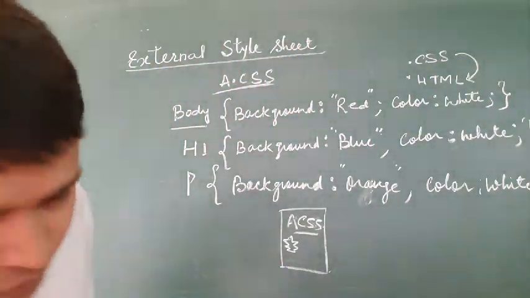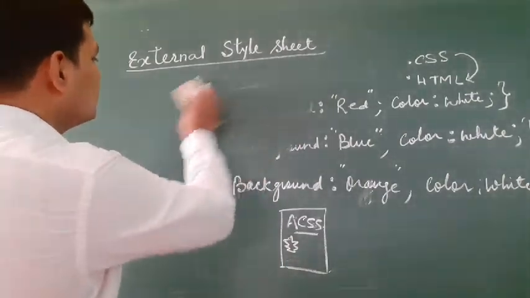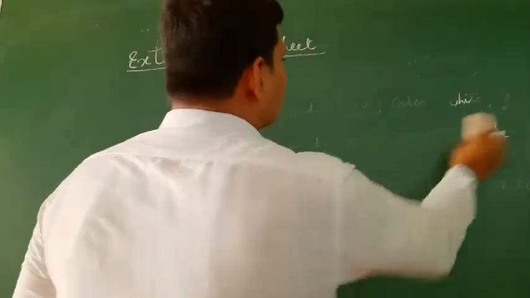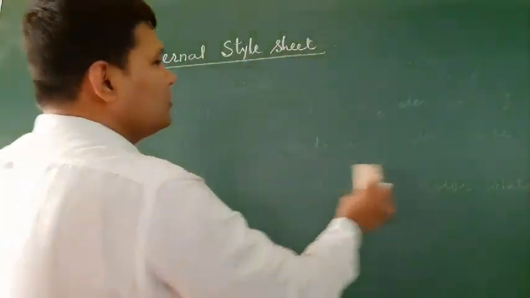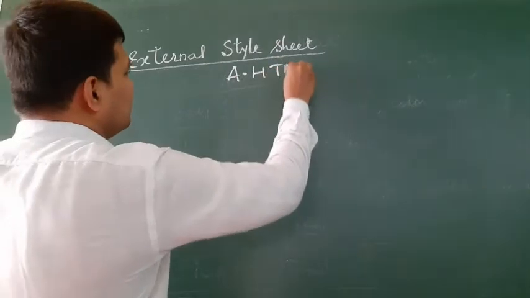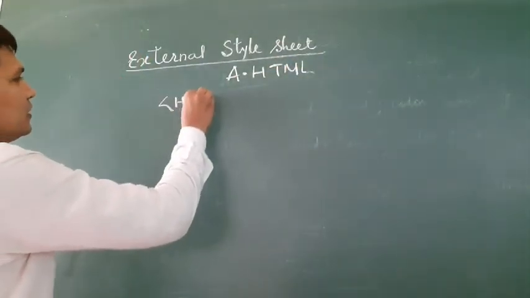You can call it by two different methods. First of all, I am going to create another HTML file where we are going to call it. The HTML file will be a.html. In a.html, first you open the HTML tag.